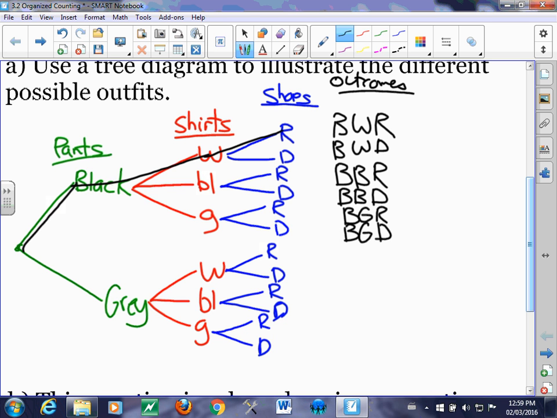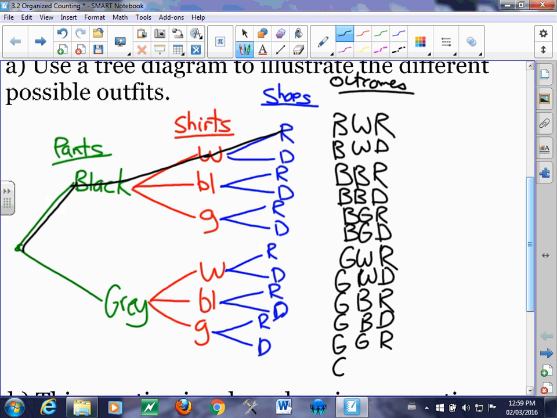So that's the top part done there. And then we're going to do the bottom part here, starting with the gray. So we go gray, white runners, gray, white dress, gray, black runners, gray, black dress, gray, green runners, and gray, green dress.